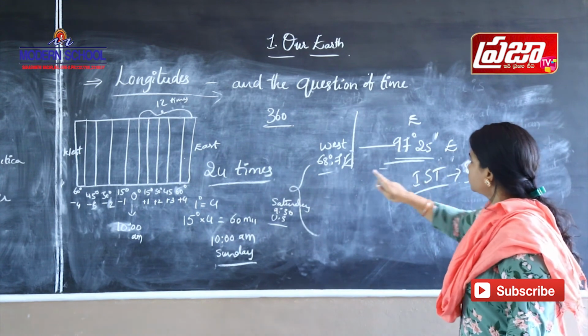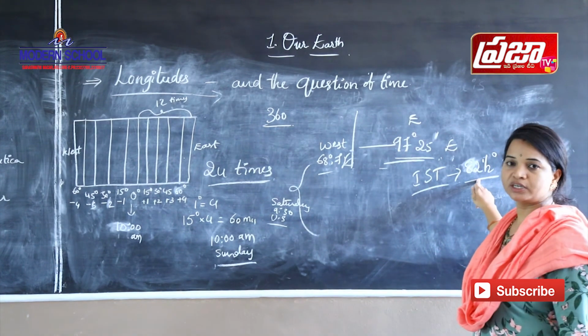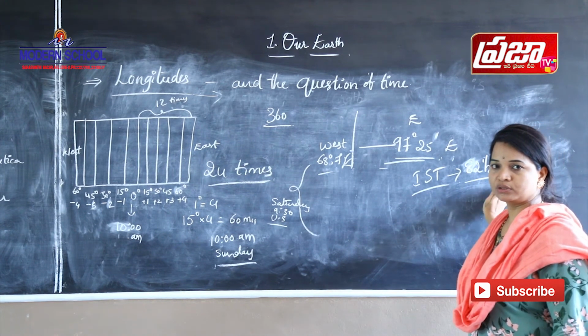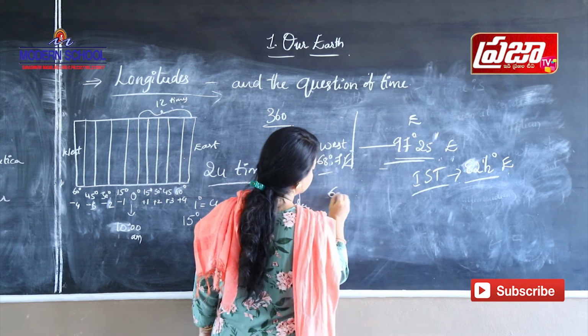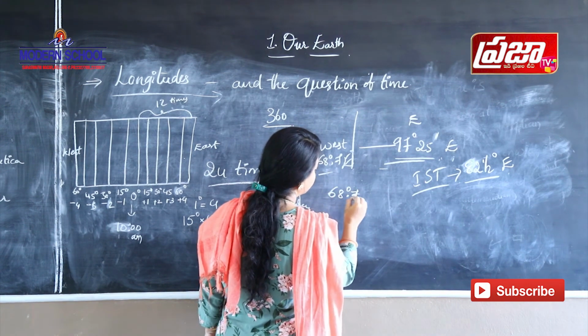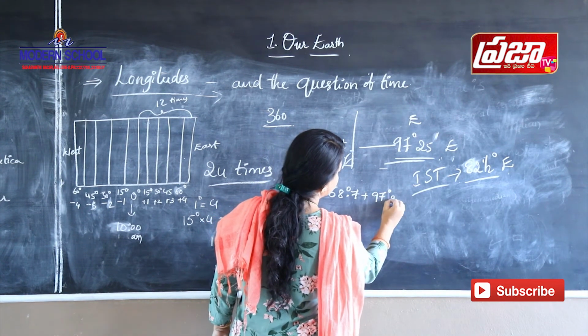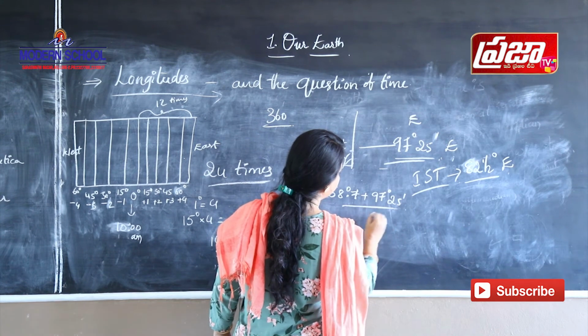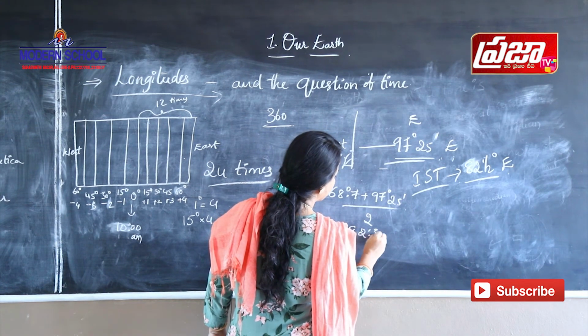So the Indian standard time is calculated at 82.5 degrees eastern longitude. How has it been taken? The average of the two longitudes: 68 degrees 7 minutes plus 97 degrees 25 minutes, add and divide by 2, you will get 82.5.